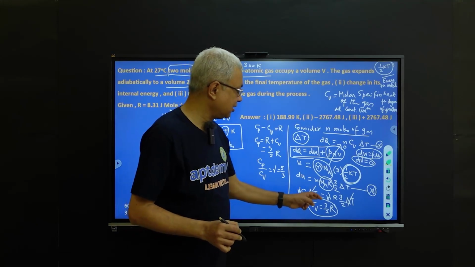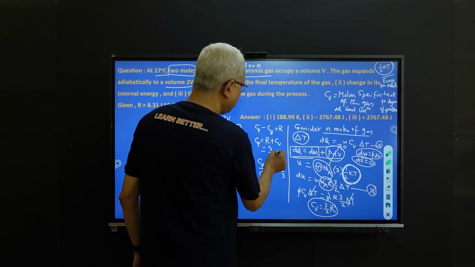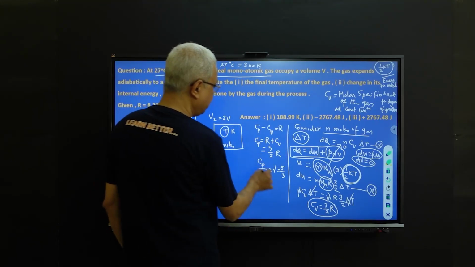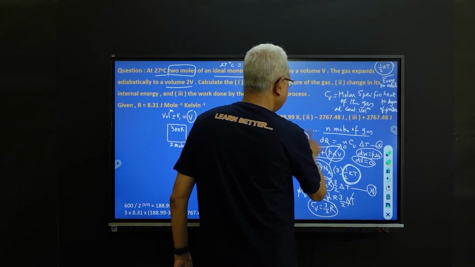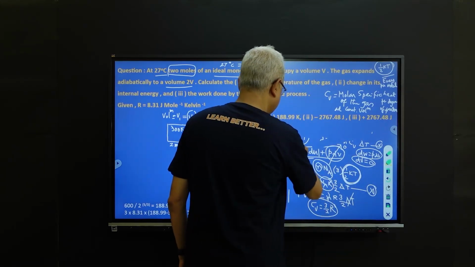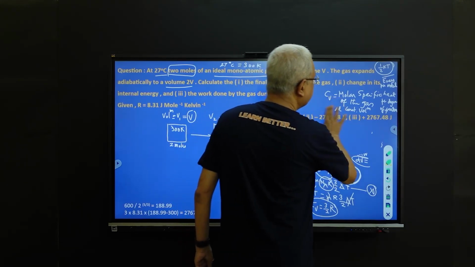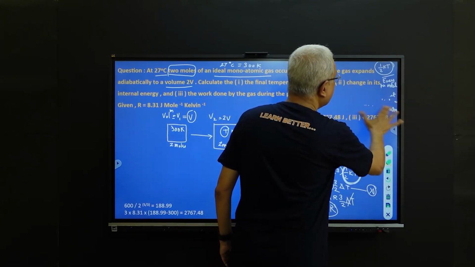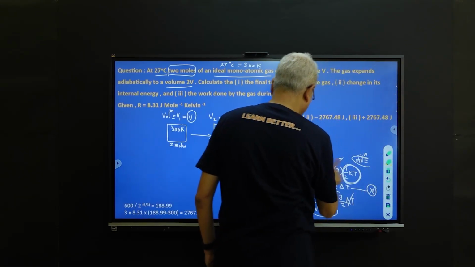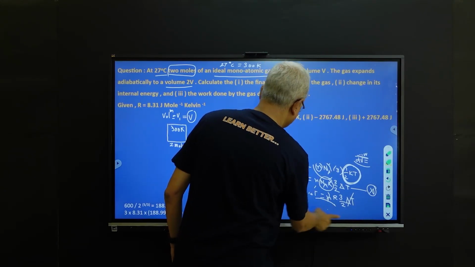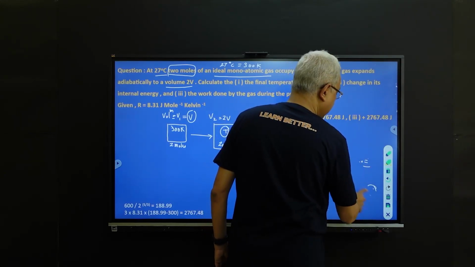Therefore, n Cv delta T equal to n R 3 by 2 delta T. So Cv equal to 3 by 2 R, from which we find Cp, which is 5 by 2 R, and Cp by Cv equal to 5 by 3. All right. Now, with this background, let us try to solve the problem. For this particular problem, we have found Cp by Cv, which is gamma, equal to 5 by 3.